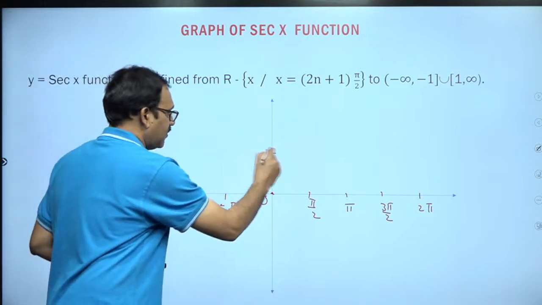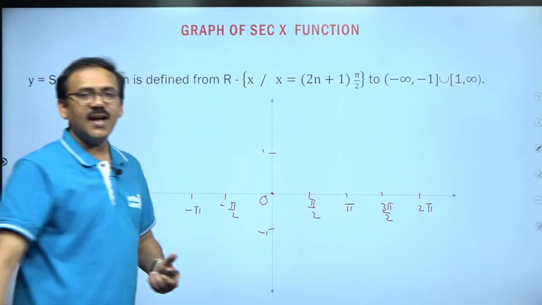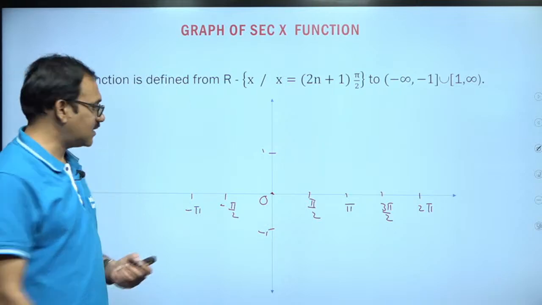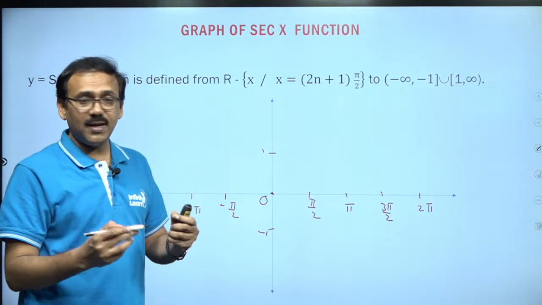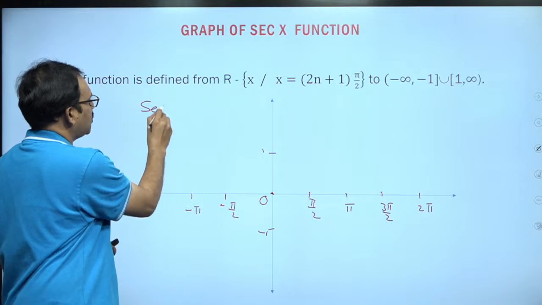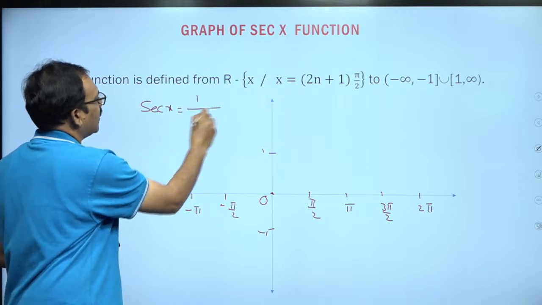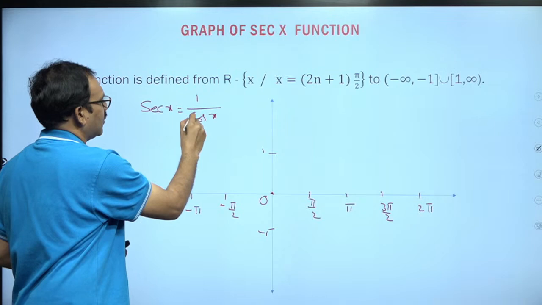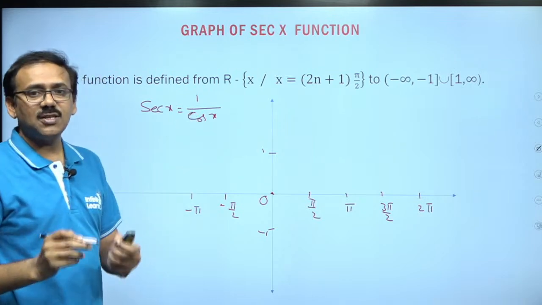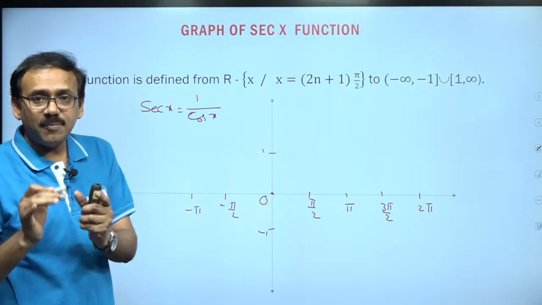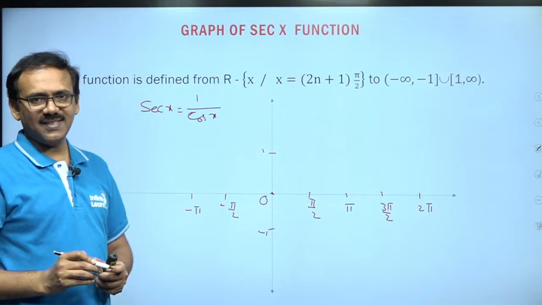By this time, dear students, I think you can draw the graph of secant x, because secant x by definition is 1 by cos x. You know, cos function is 0 at odd multiples of pi by 2, isn't it?